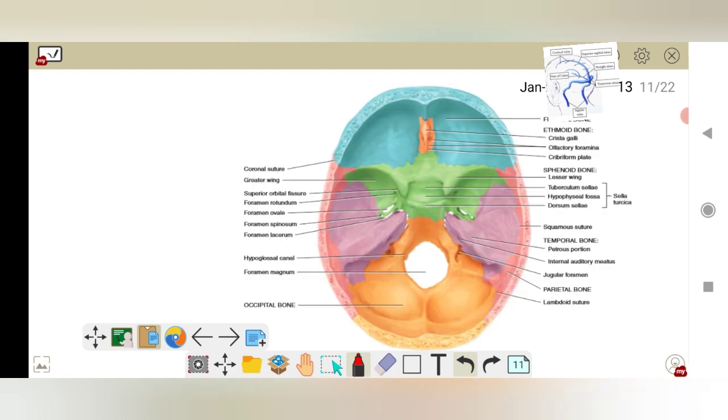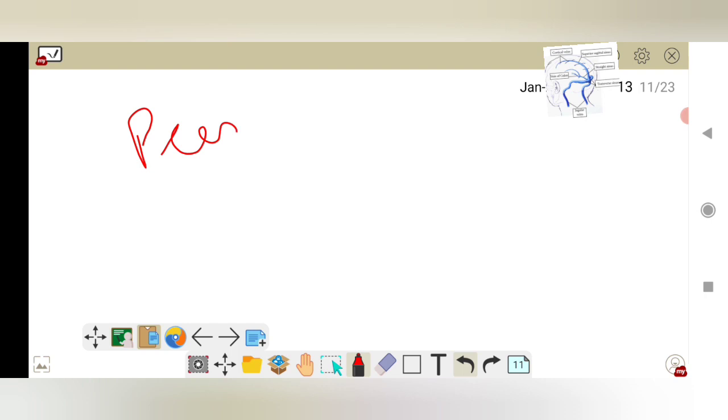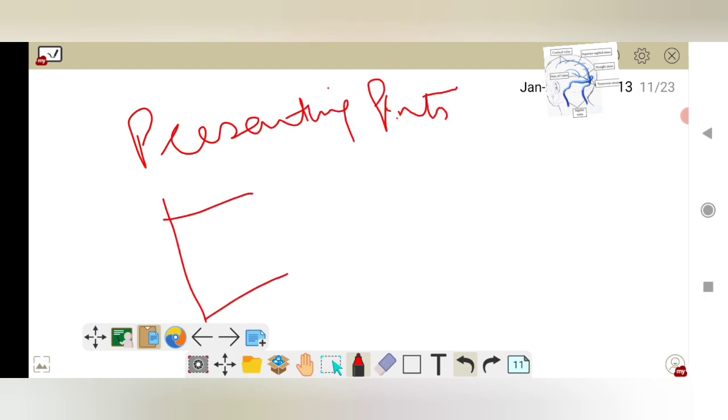Now, the presenting parts. Broadly, the tentorium cerebelli is divided into two: attached margin and free margin.